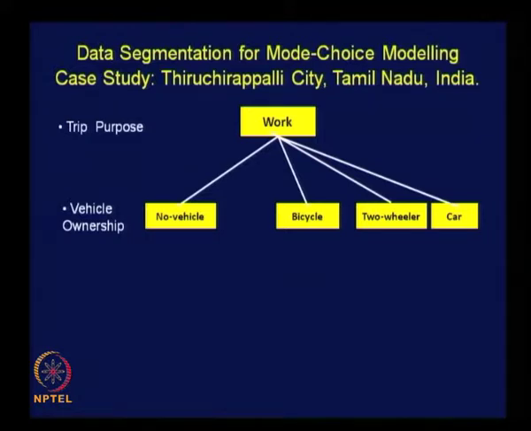Now, we have come to 2 levels of segmentation, one based on trip purpose, that is complete. Then we have divided based on economic characteristics of the travelers. Then we must look into the other aspect of the choice set being the same for the different categories of travelers.